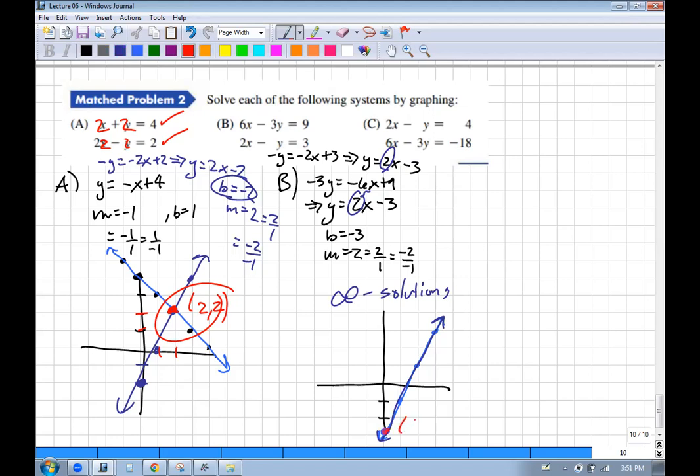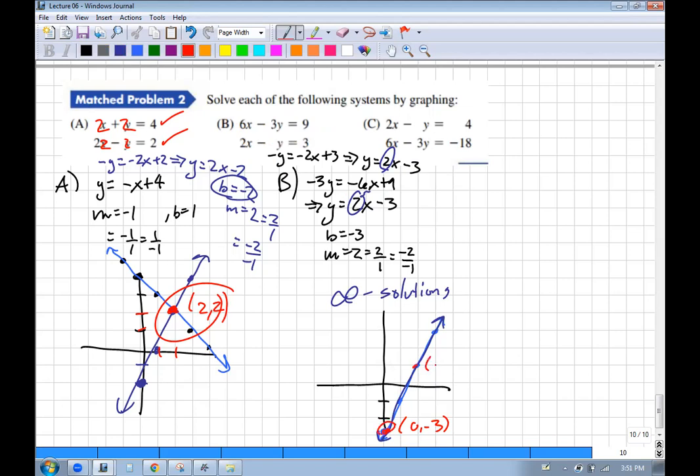So this one is (0, -3). Check it out. If I plug in a 0 here and a -3 there, -3 times -3 is 9. Look at the second one. If I put a 0 for x and a -3 for y, I get 3. So yeah, this point works.